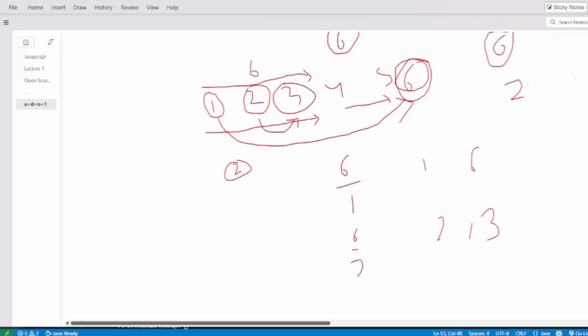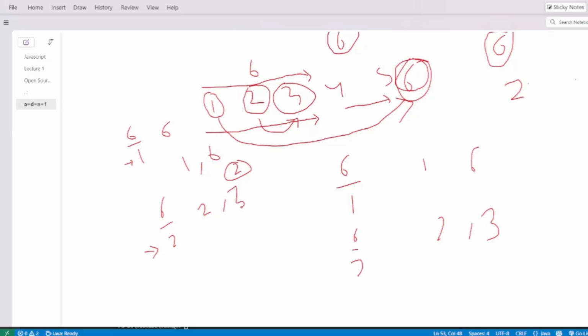For example, as I have told you, if 6 is divided by 1, in this condition we get 6, but the i value is 1, which means it is not equal to i, so we print 1 and 6. And similarly, if we divide 6 by 2, then we get 3. In this condition i is also not equal, so we print 2 and 3.